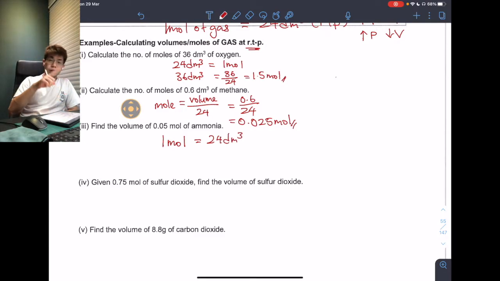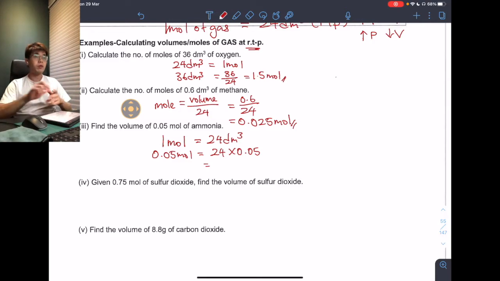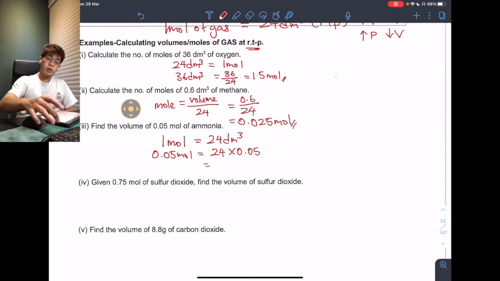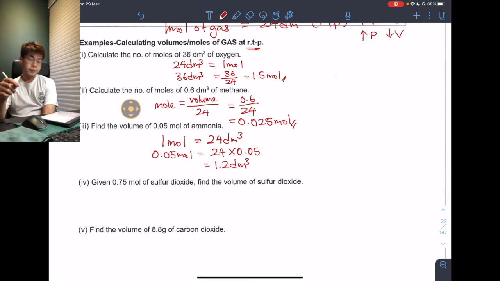So if 1 mole is equal to 24 dm cube, 0.05 moles of ammonia is equal to 24 times 0.05 mole. This again is a simple ratio thing. I use my calculator, 24 times 0.05, that is 1.2 dm cube of ammonia.